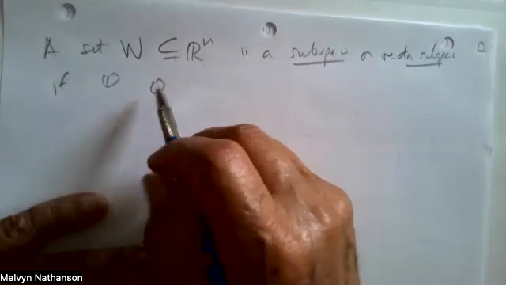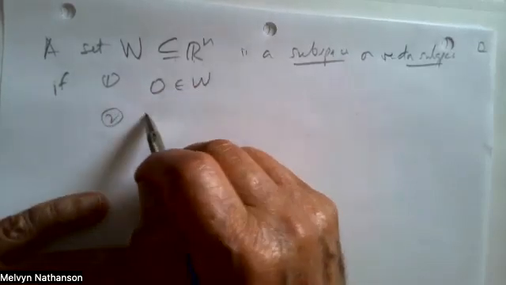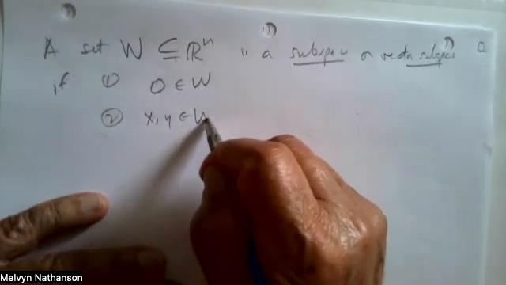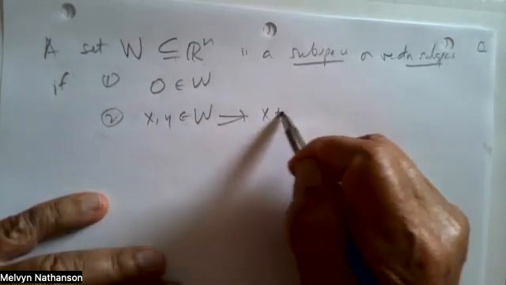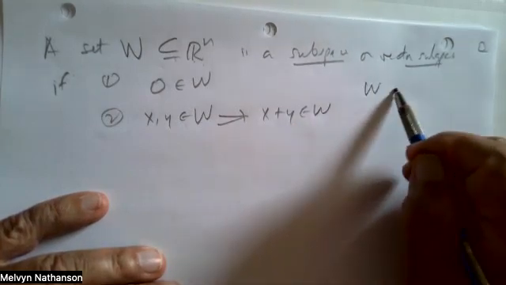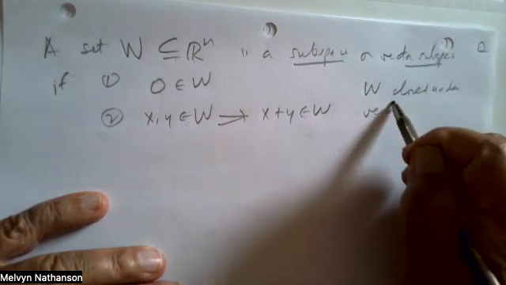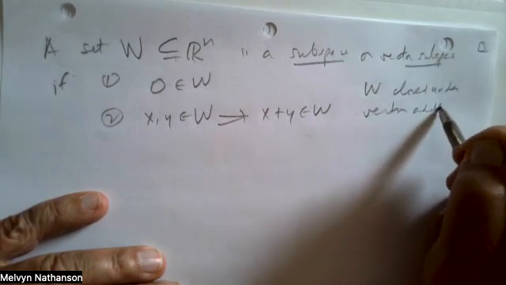First, the zero vector is in W. Second, whenever x and y are in W, then x plus y is in W. So this means that W is closed under vector addition.